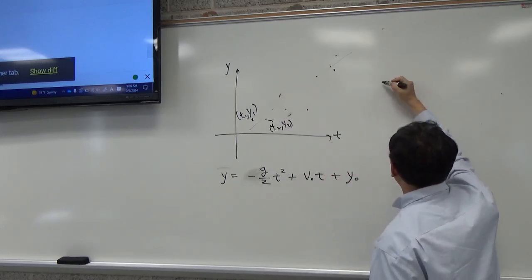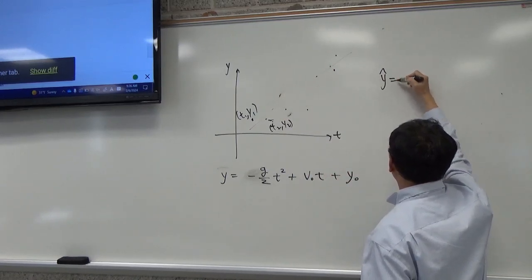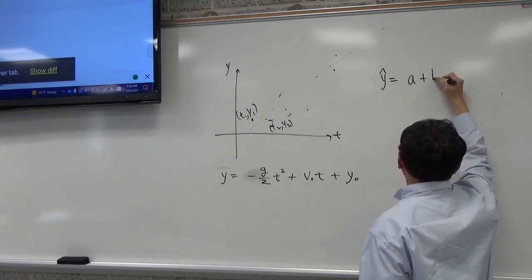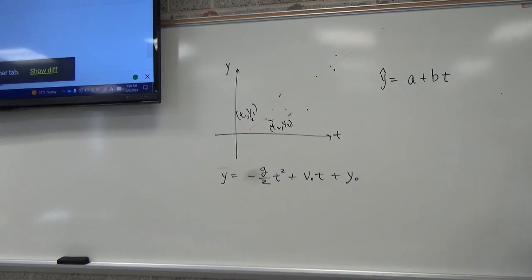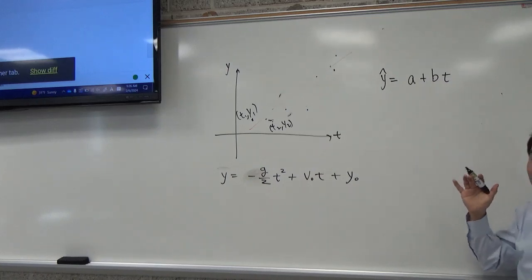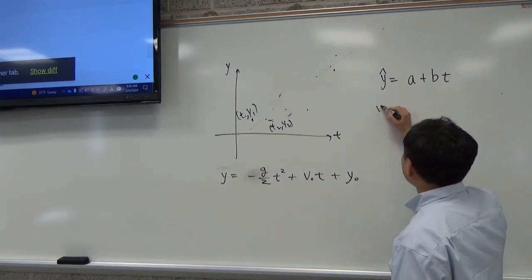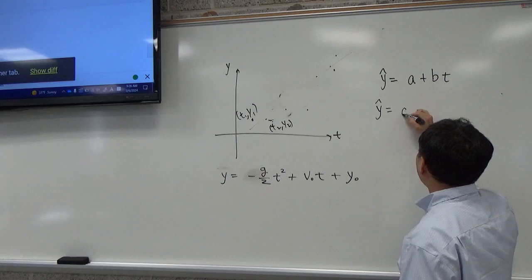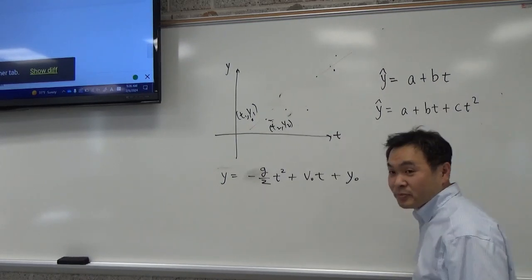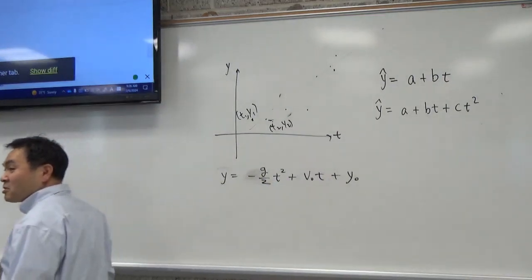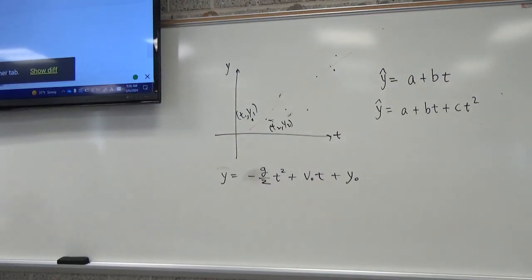And if you just say y hat, your prediction, is some a plus b t, that's really not a good idea, right? It just ignores the physics. So the better approximation you probably want would be y hat equals a plus b t plus c t squared. So those are the cases where you would use polynomial approximation.